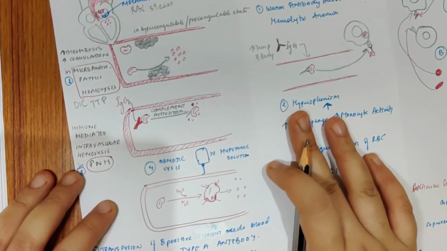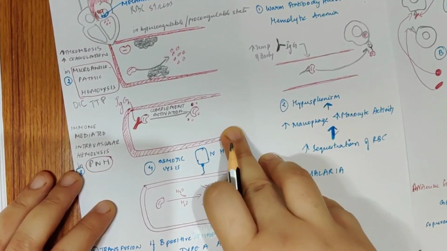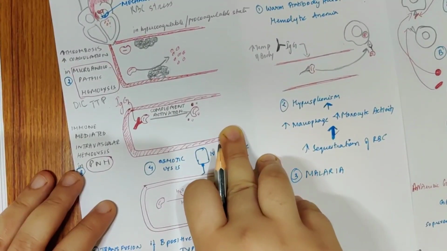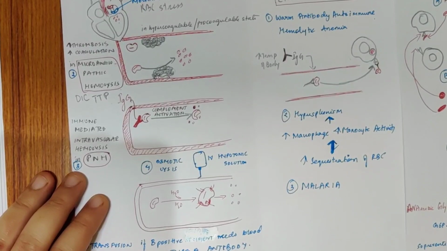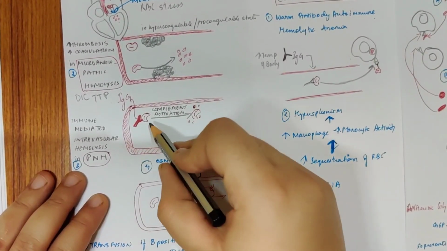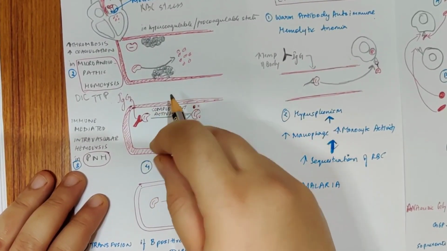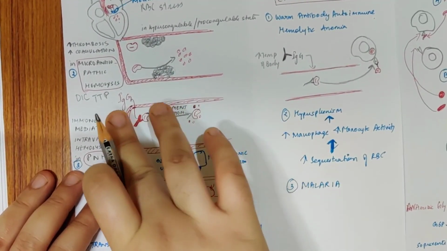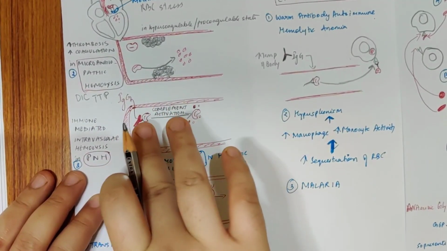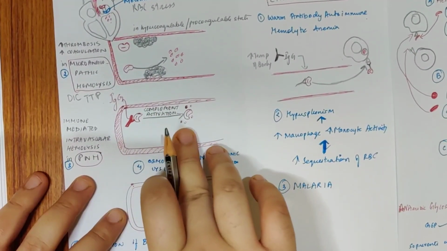Now the second is immune mediated intravascular hemolysis. In this, your body will cross react against a very important immunoglobulin. RBCs usually have receptors. When immunoglobulin G comes and binds to one of these receptors, there is complement activation.